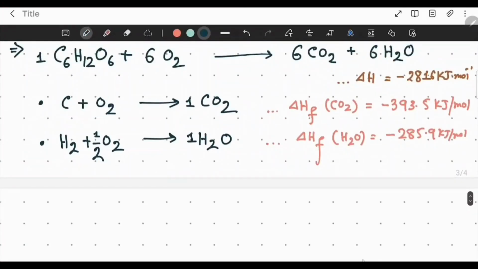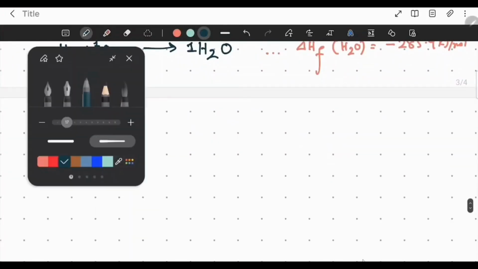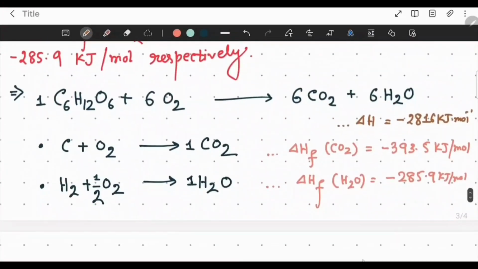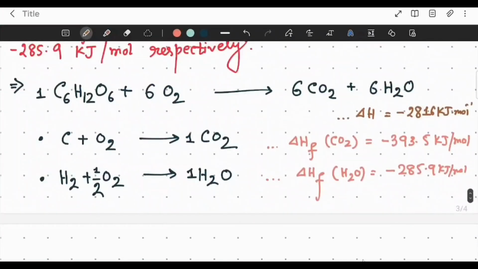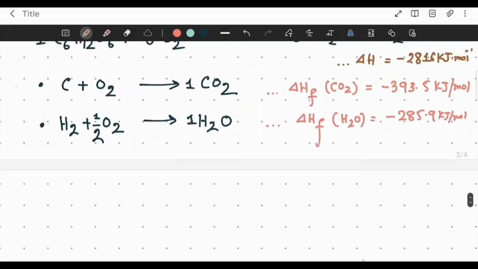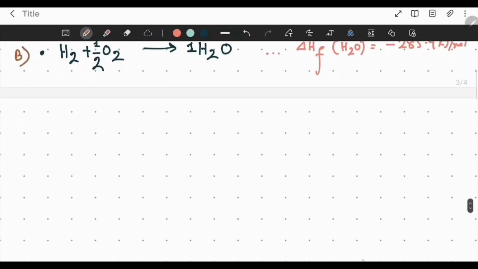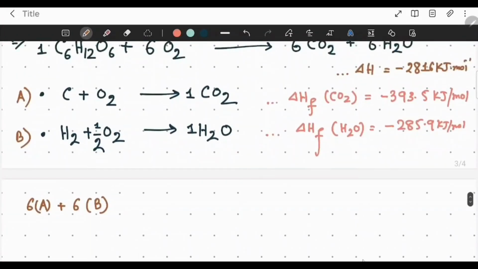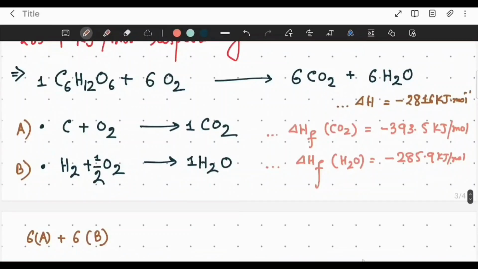Okay, so now what can we write? Let's say this is A, this is B. So 6A plus 6B. What will we get?